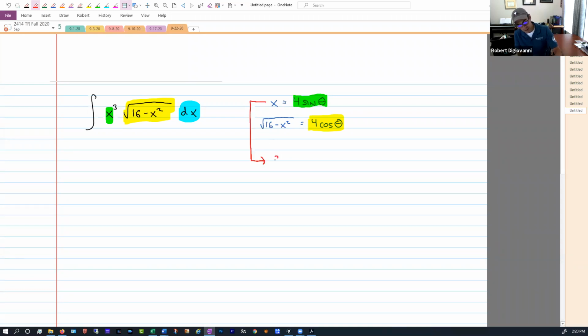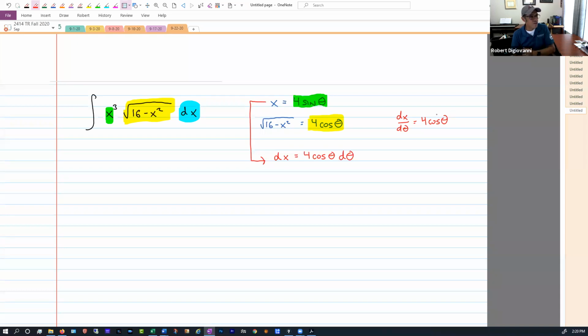We're going to get dx equals 4 cosine theta d theta. I'm differentiating that equation implicitly with respect to theta. So I'm really doing this: dx d theta equals 4 cosine theta, and then I'm multiplying both sides by d theta.